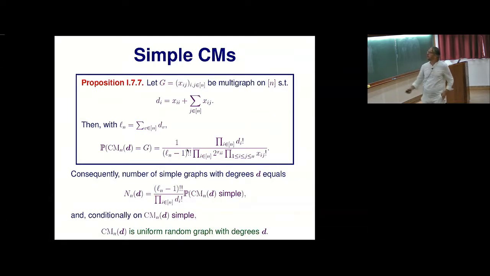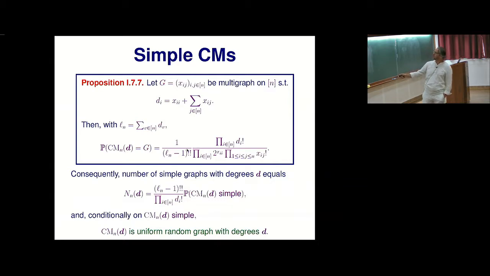Okay? So this is a restriction that will hold almost surely. So if I define l_n to be the total degree, so the sum of all the degrees, that's twice the number of edges in my model, then you can compute for any such possible realization of the configuration model, what the probability is that the configuration model will actually produce that graph.